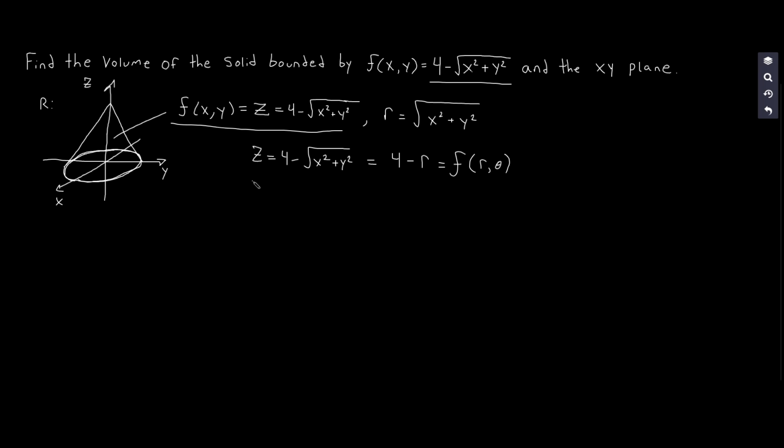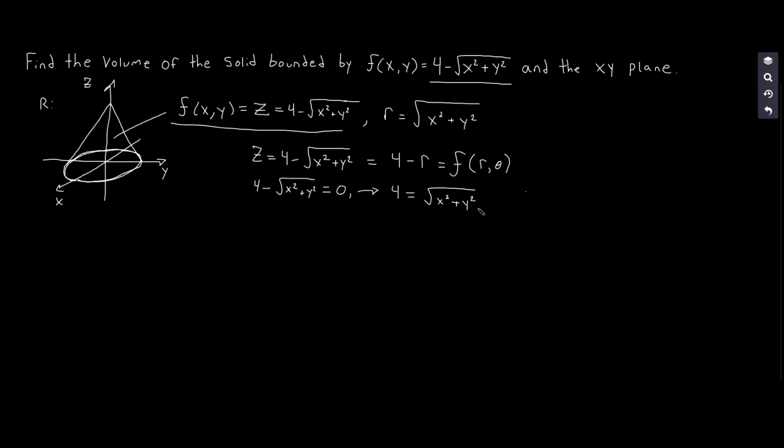So we'll take our 4 minus the square root of x squared plus y squared, and we set that equal to 0. And so what that means is that we can manipulate this in such a way where we have 4 equals the square root of x squared plus y squared.